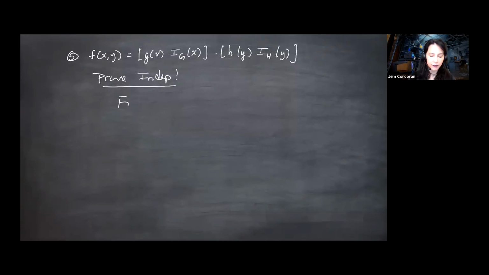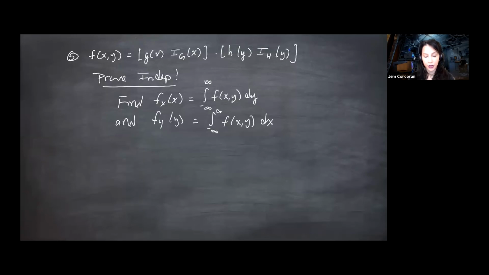So find the marginal for X by integrating over Y, and the marginal for Y by integrating over X, and then show that those multiplied together give you the original PDF. That's how we can prove that it's independent, because then we will have shown that it factors into its marginals.